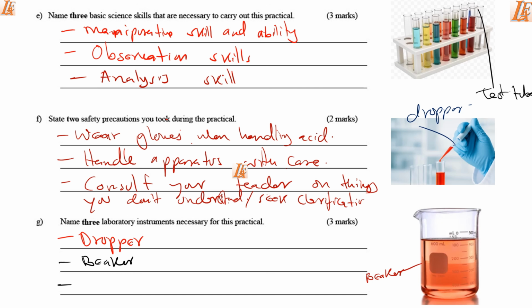So we have test tubes, which will hold the chemicals of solution A, B, C, D, and E. And of course, we should have a test tube rack. A test tube rack is the apparatus which holds test tubes. So we can have as many apparatus as possible, but for this case, we can have a dropper, beaker, test tube, and test tube rack.